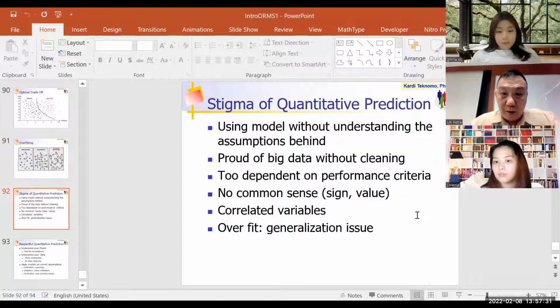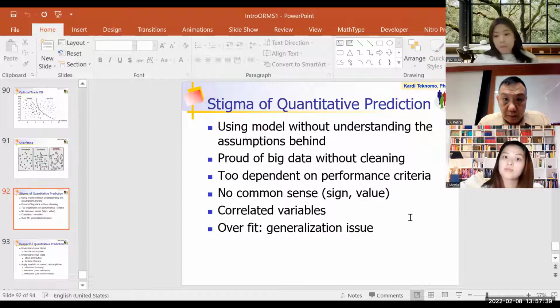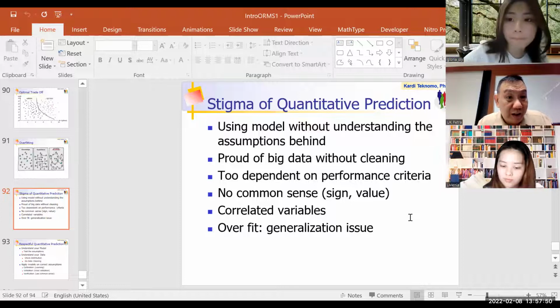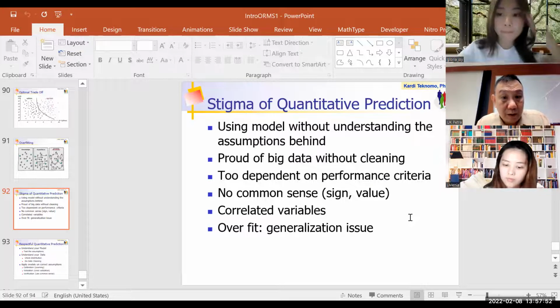Okay, so this is like the summary. Okay, so using the model without understanding the assumption behind it will create a curse for you, a stigma, right? Proud of a lot of big data without the cleaning is also problematic.